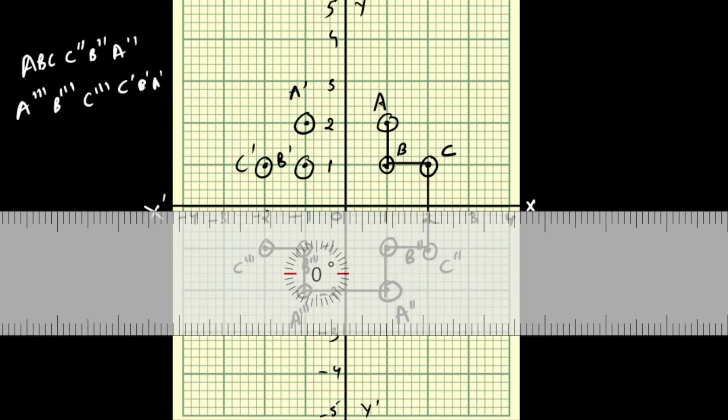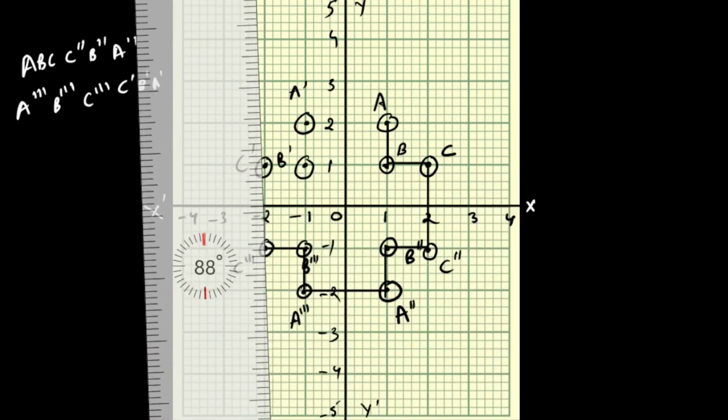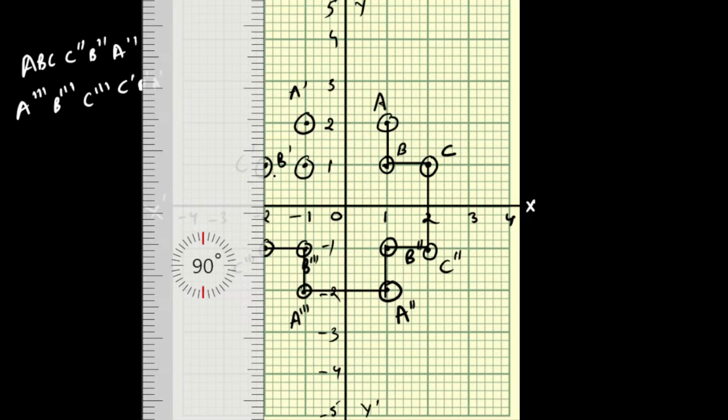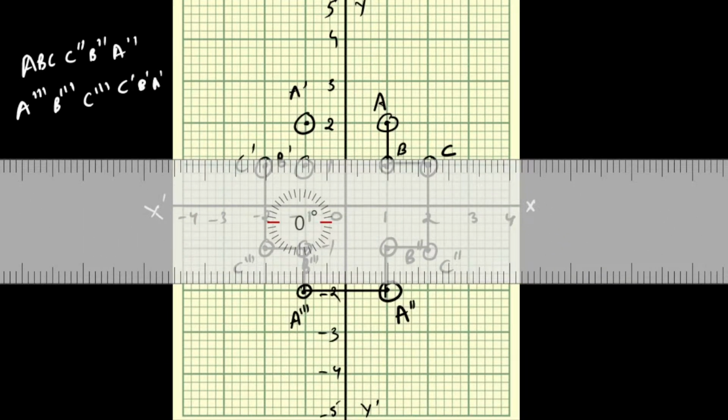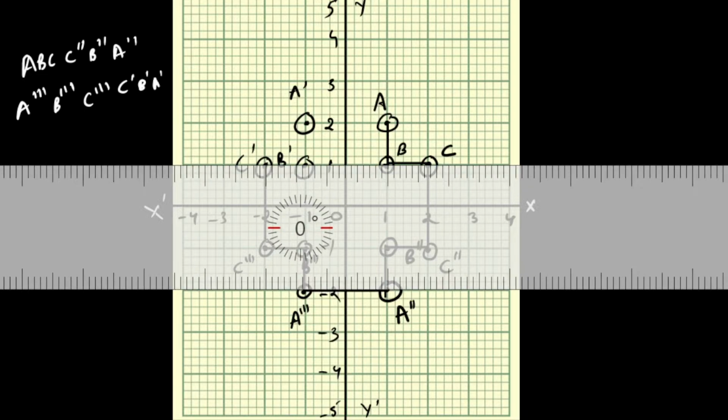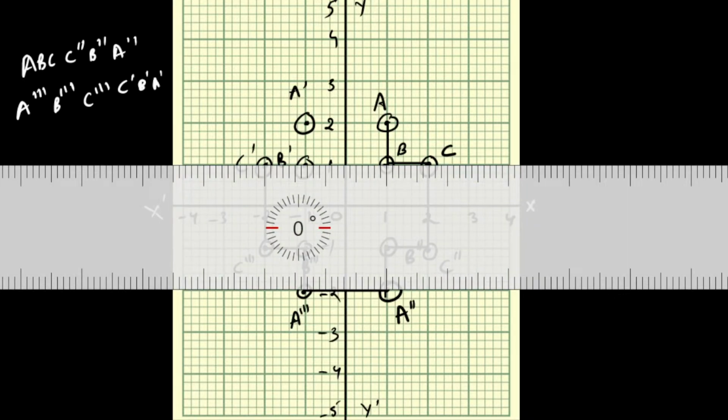Then with C dash, C dash with B dash and B dash with A dash. So it is a 12-sided polygon. Okay, let us check.